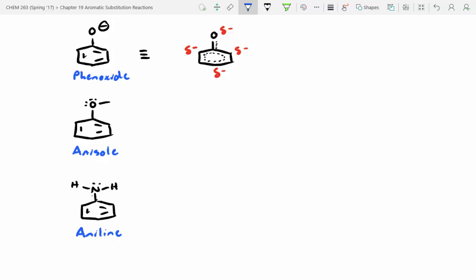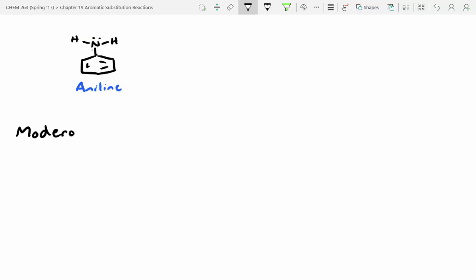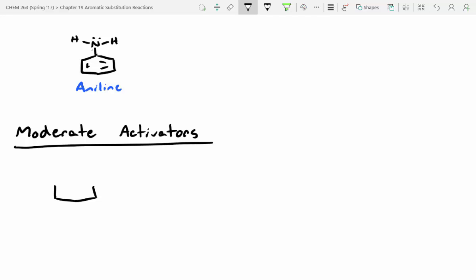There are some that are a little bit trickier, and these are called moderate activators. So let's say we've got an ester, and your ester looks like this.